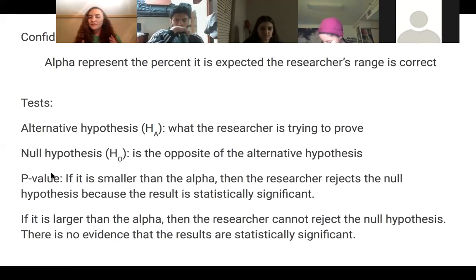If the p-value is larger than the alpha, then the researcher cannot reject the null hypothesis because there's still a chance that the null hypothesis is true. And since there's no evidence that the alternative hypothesis is 100% true, we can't say the results are statistically significant.